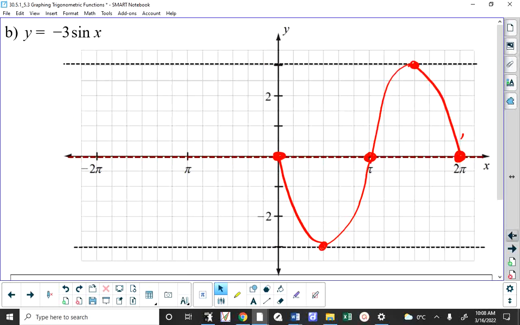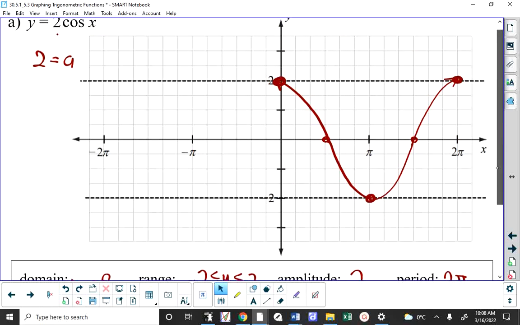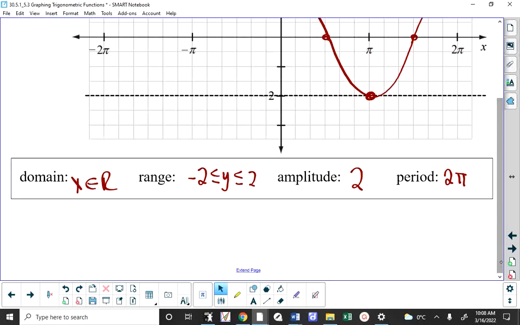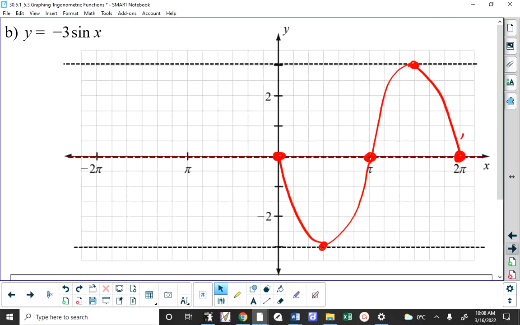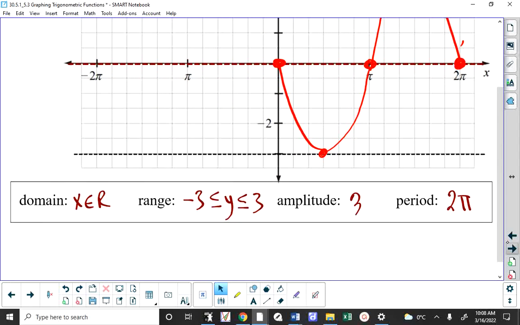Look, in the previous, let's go to A. In question A, the parameter A was 2. So the amplitude was 2, and the minimum was -2, and the maximum was +2. In question B, the parameter A was -3, but the negative didn't really play a role here.